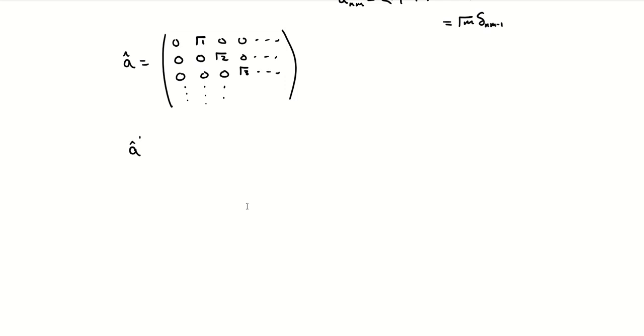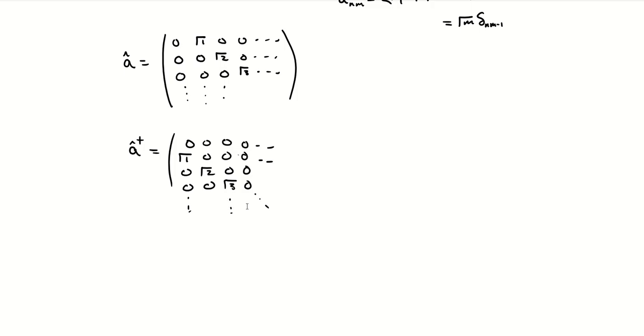Similarly, we do the same thing for the raising operator, and we end up with 0, root 1, 0, and we keep going this way. Again, it has just off-diagonal elements going on throughout the whole space.